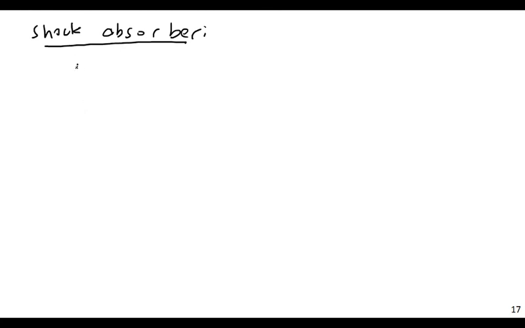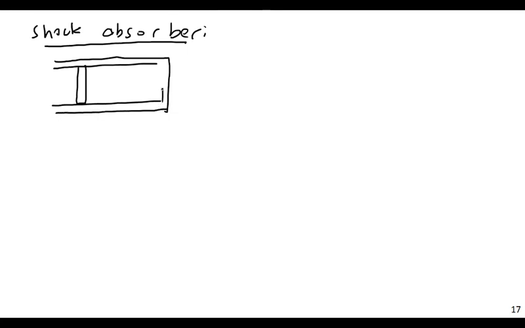So there's going to be an oil-filled cylinder. You have a cylinder here, and there's basically a piston, and it's full of oil. So this is the piston.